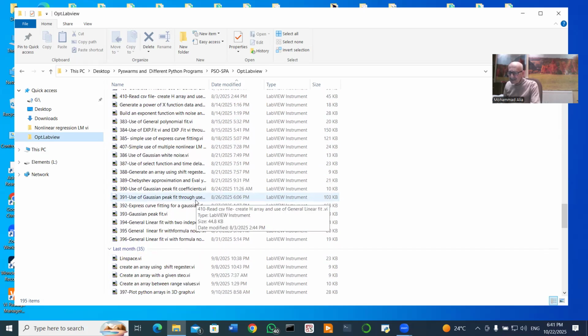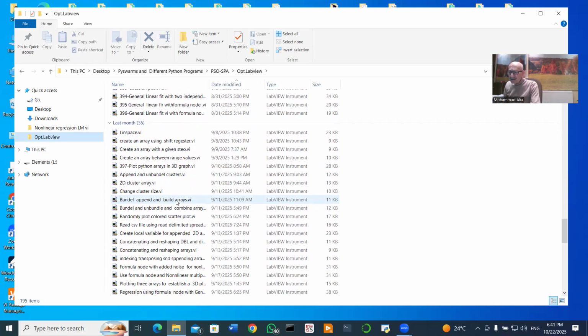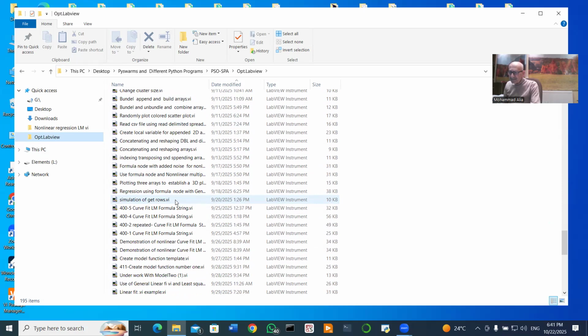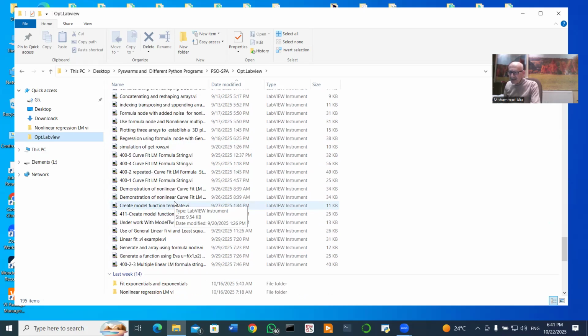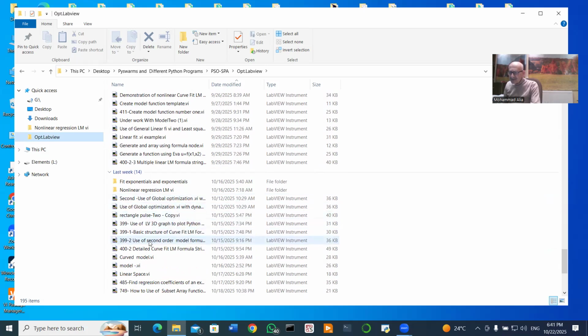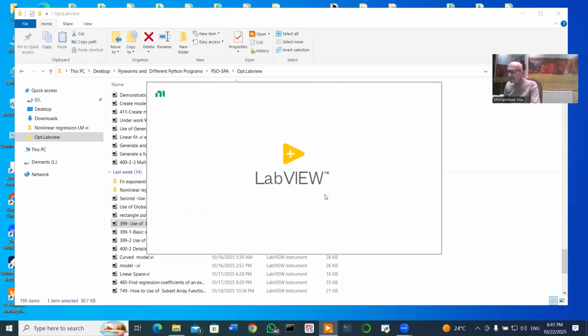In this example, I shall convert the Python CSV file to a LabVIEW two-dimensional array, and make use of this data to make a three-dimensional plot.